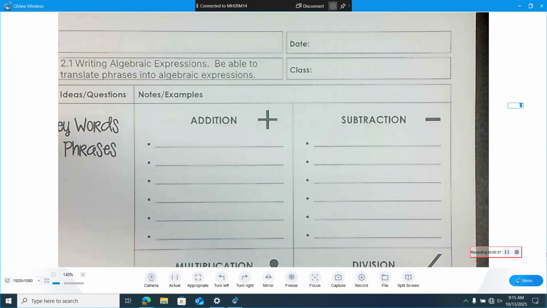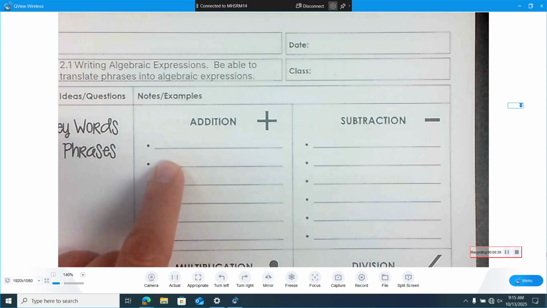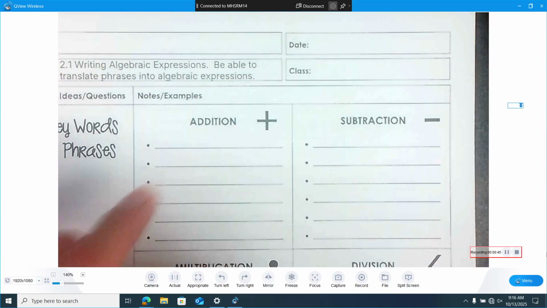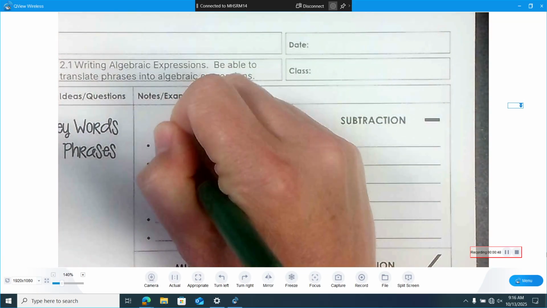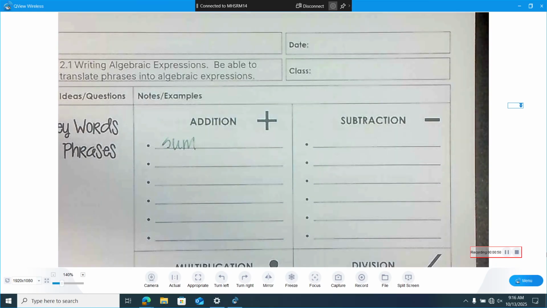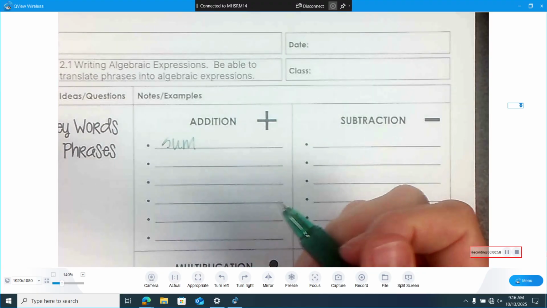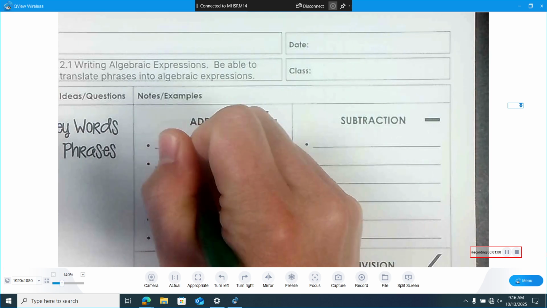What are some of the words that you know that mean addition? Some. Very good. What if I said, what is the total? Plus. Yeah, plus. Sure.